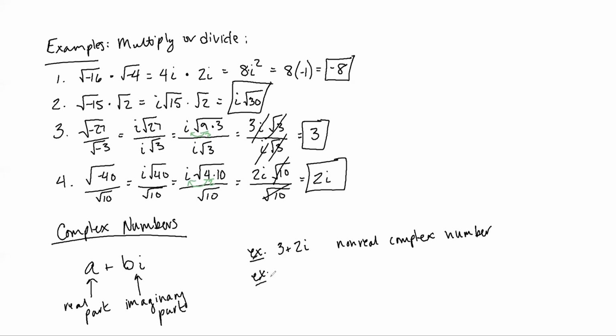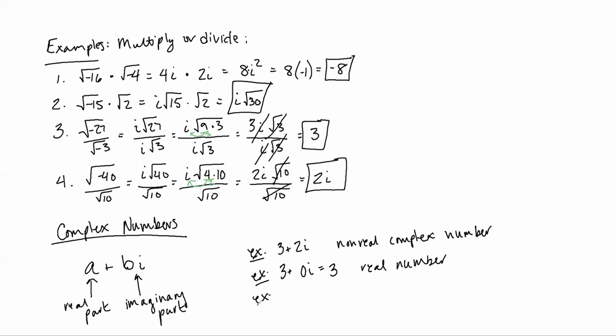The next type, let's say the coefficient in front of the i was actually 0. Well, 0 times any number, real or imaginary, is 0. 3 plus 0 is just 3. Now, if you have a number like this, well, this is just a real number.